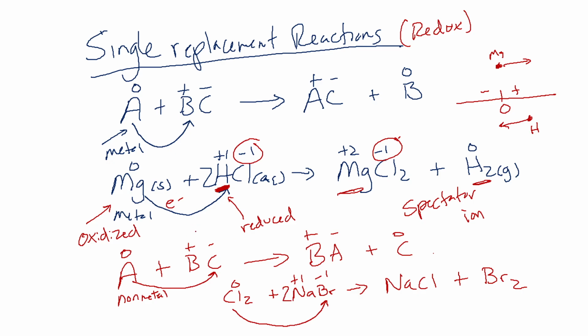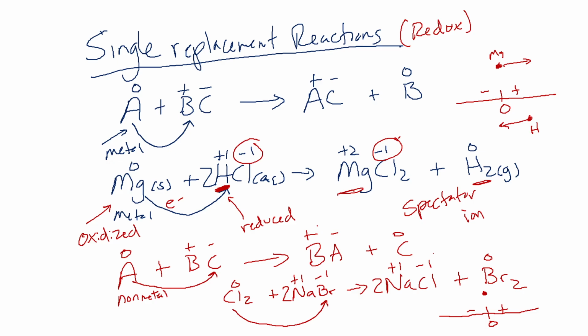Again, a little bit of balancing as well. Again, on the right-hand side, now that sodium is +1, chloride -1, and this guy is 0, how it naturally comes. So this is a single replacement reaction involving a non-metal exchange. I know you probably could guess, still a redox reaction happening here. We take a look at the chlorine on the left is 0.